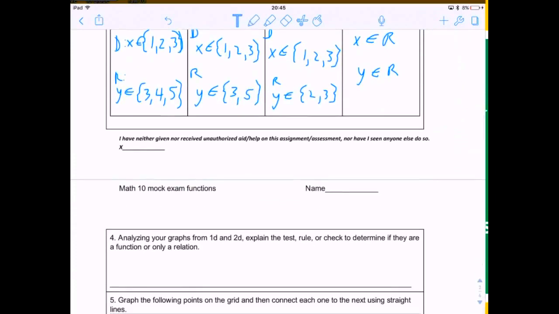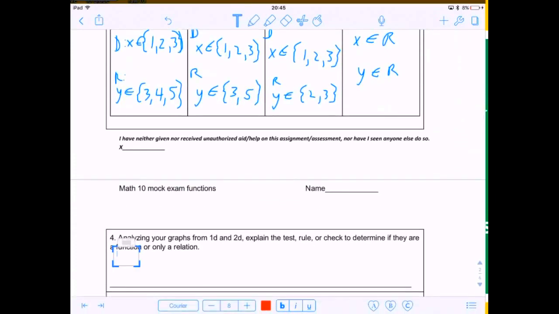And you could say, for example, that you use the vertical line test, in which I check to see if there are more than one point along a vertical, one on top of each other, something like that.